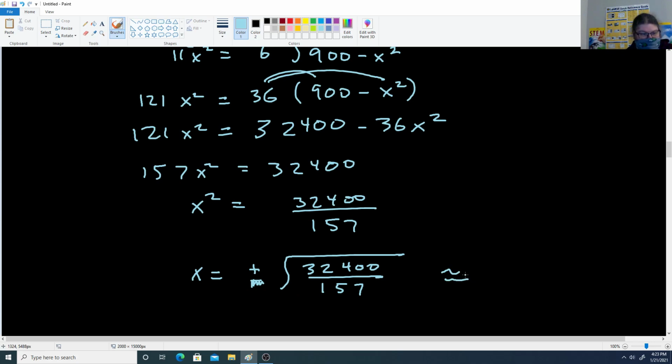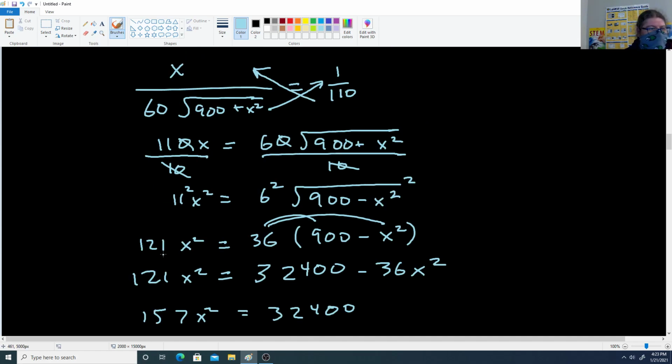So we get the square root of 32400 divided by 157. That is 14. Let's see. Whoops, hang on. I've got an issue with what I typed in here. So I made a mistake somewhere along the path here.